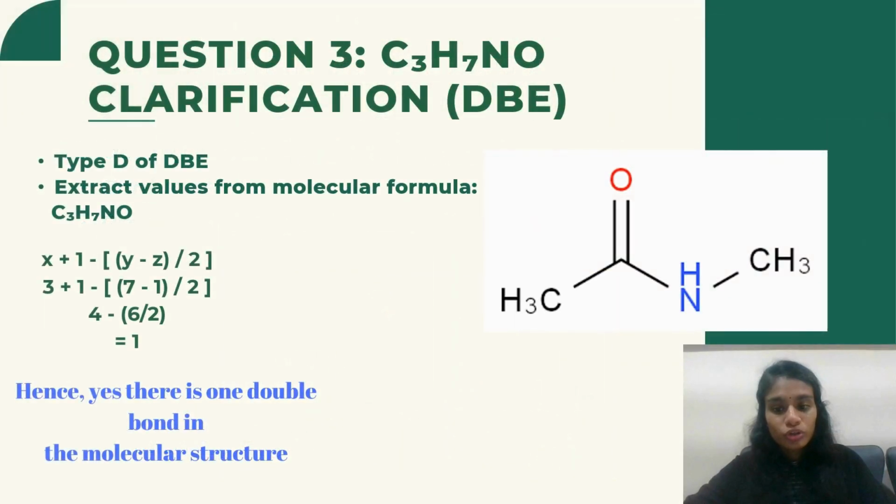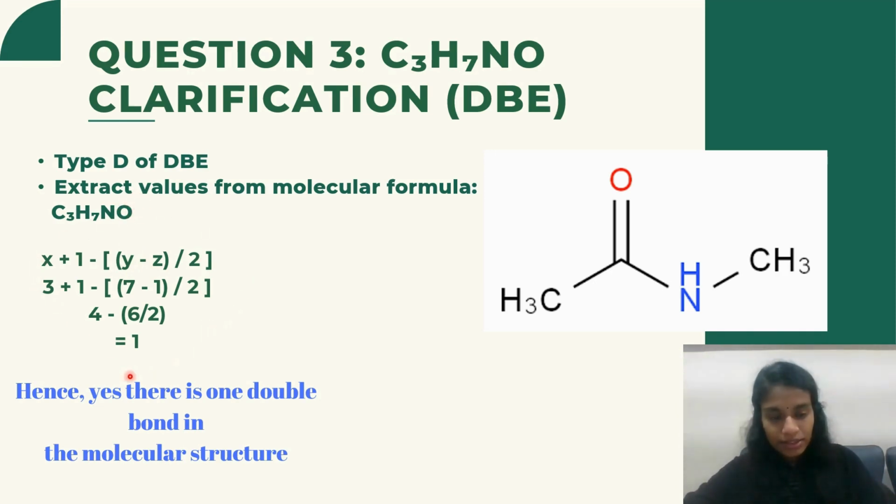To verify this molecular structure again, we can also use the DBE theory, where for this case the type of DBE is type B. This is because there is a presence of nitrogen, which is trivalent. To calculate the DBE, we extract the values from the molecular formula, where X represents C, Y represents H, and Z represents N. In DBE, normally we avoid the O values.